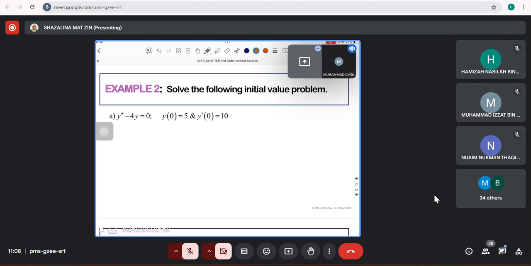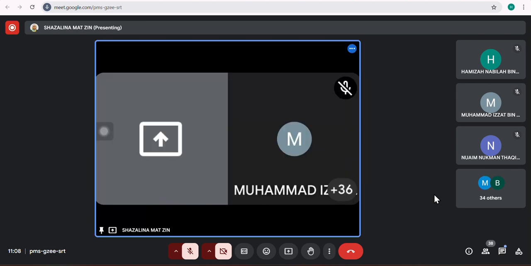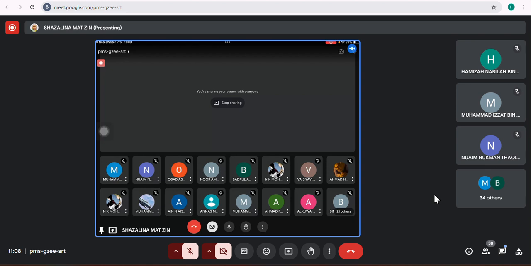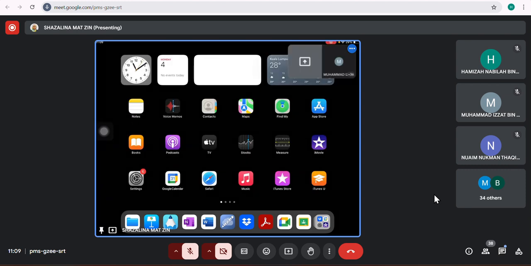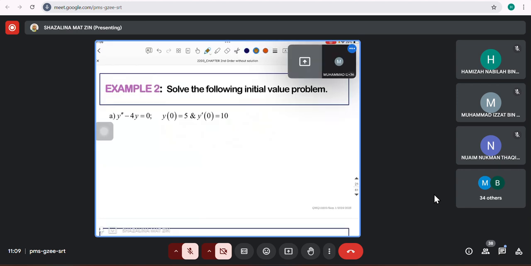Saya nak check attendance. Alamak. Ada siapa-siapa yang baru masuk kelas ke?